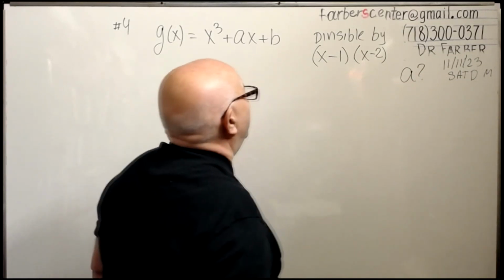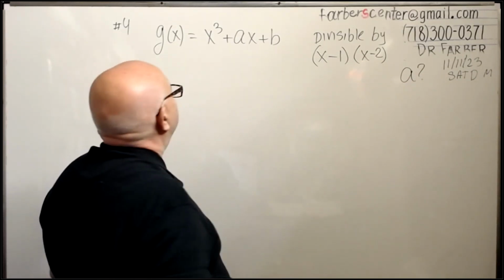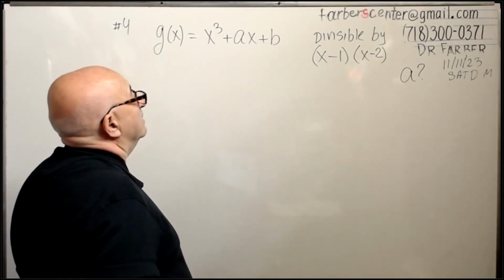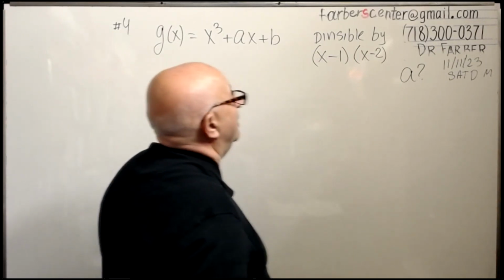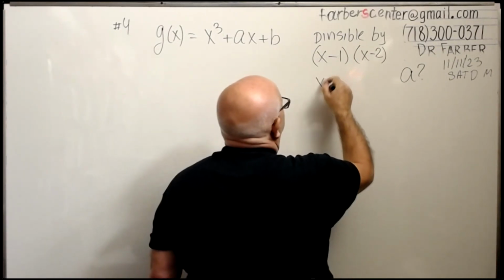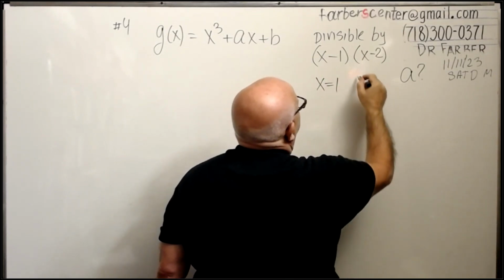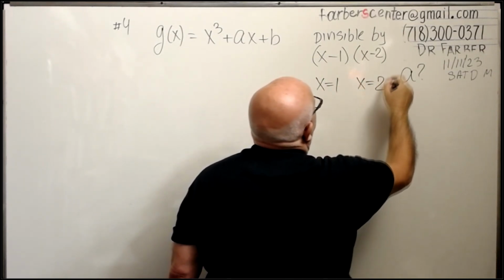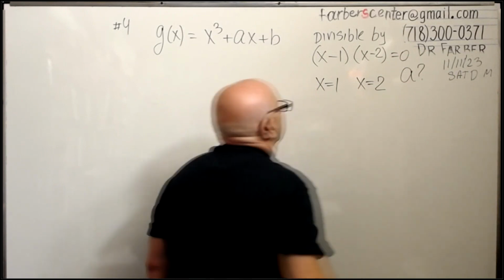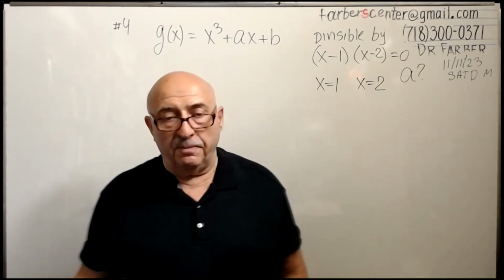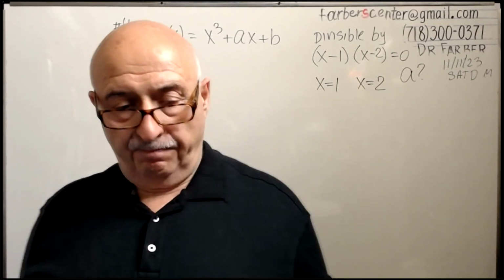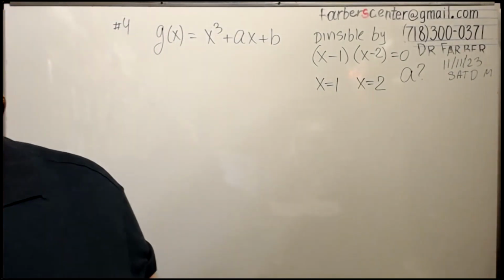Also, like we did before, we set up our divisor to 0, when it equals 0, either when x equals 1 or x equals 2. Any questions so far? Okay, no questions.